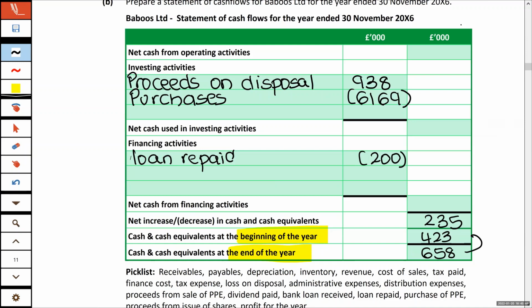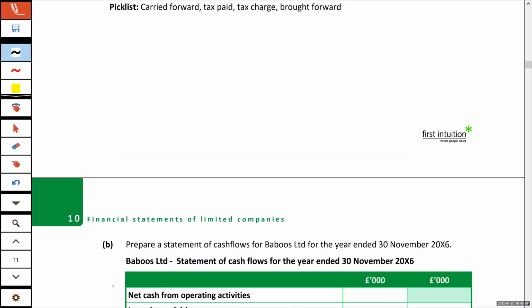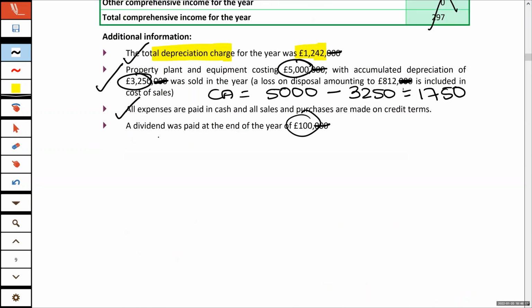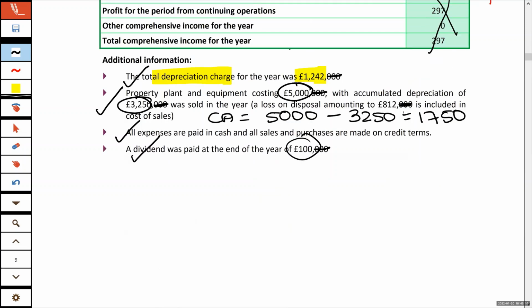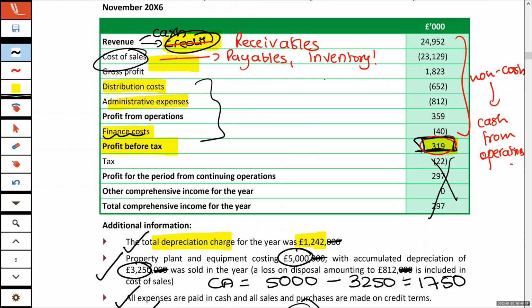It will go part of my financing activity because it is an expense I have to pay towards my shareholders. Because I have shareholders, sadly, they will need some dividends. So dividend paid goes there as well. So dividend paid minus 100. Tick. Done. So now I've gone through the additional information and my profit or loss account as well.